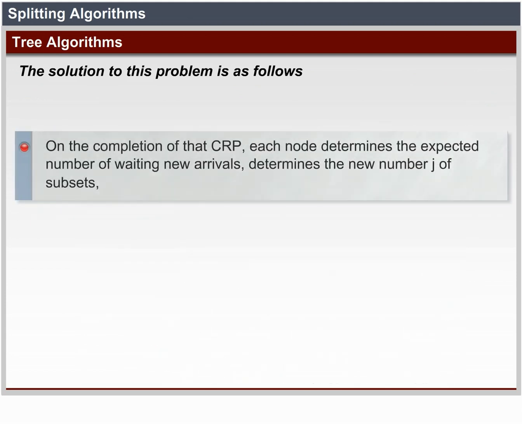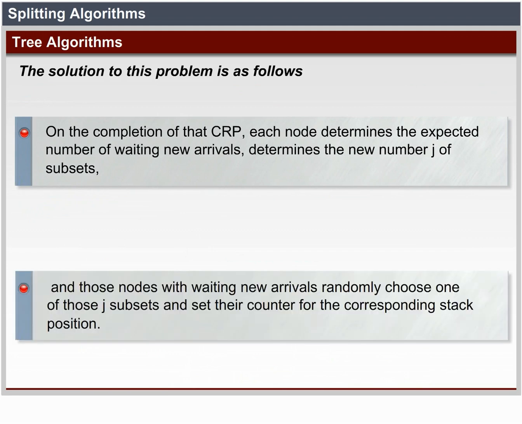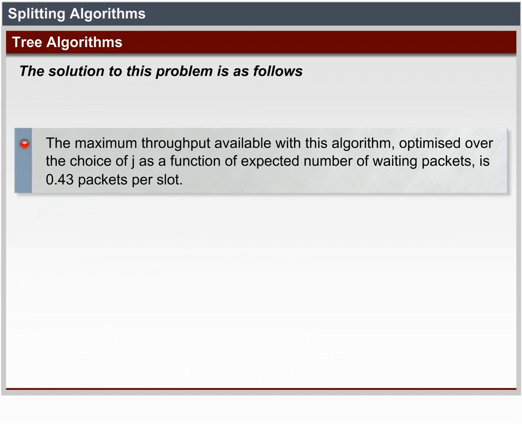On the completion of that CRP, each node determines the expected number of waiting new arrivals, determines the new number J of subsets, and those nodes with waiting new arrivals randomly choose one of those J subsets and set their counter for the corresponding stack position. The maximum throughput available with this algorithm, optimized over the choice of J as a function of expected number of waiting packets, is 0.43 packets per slot.